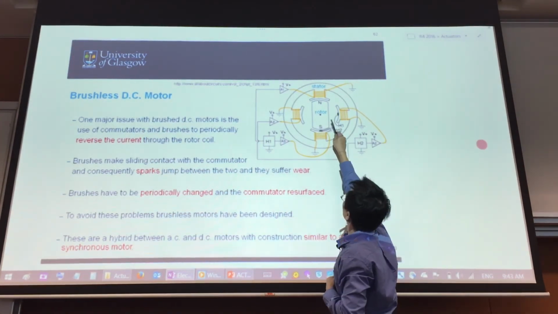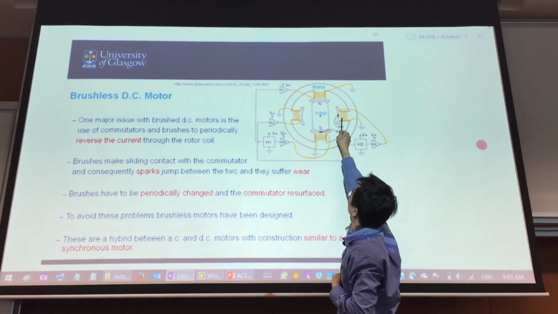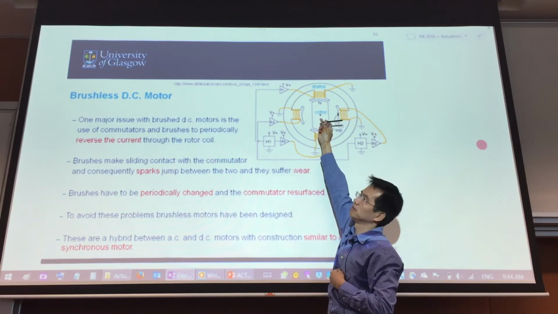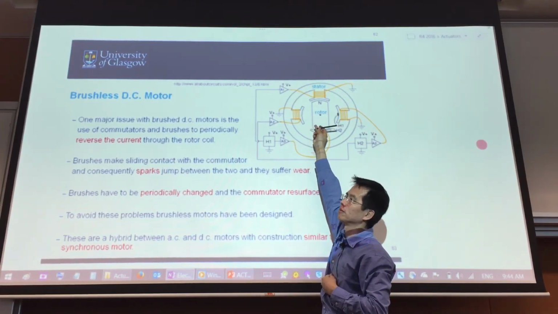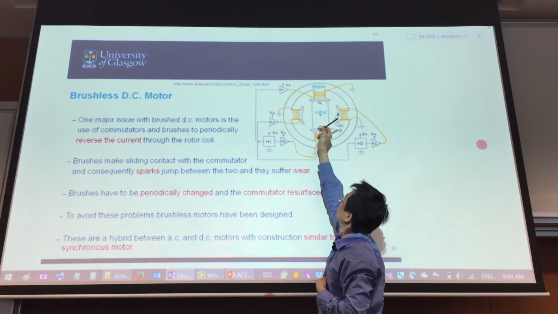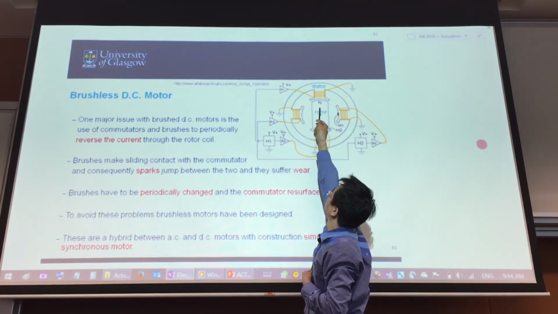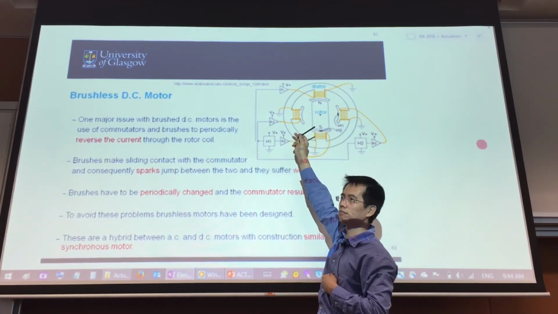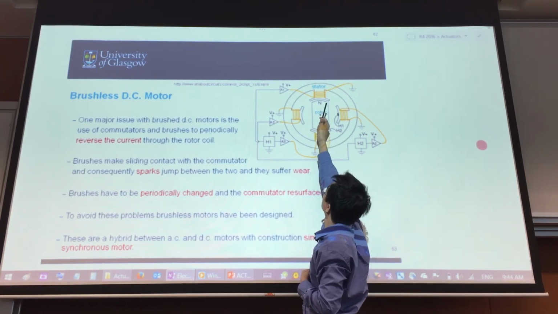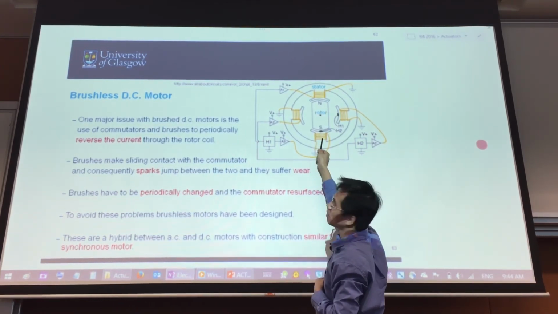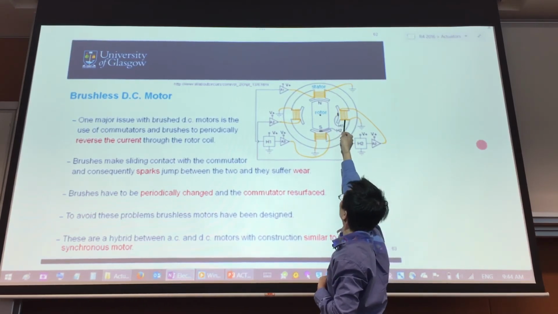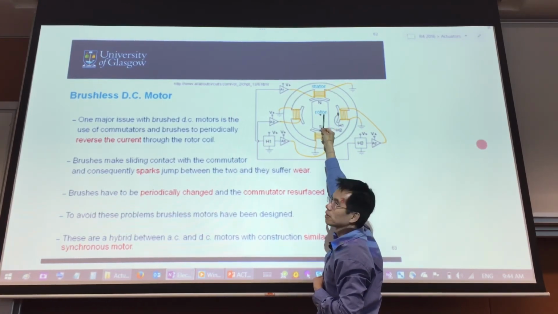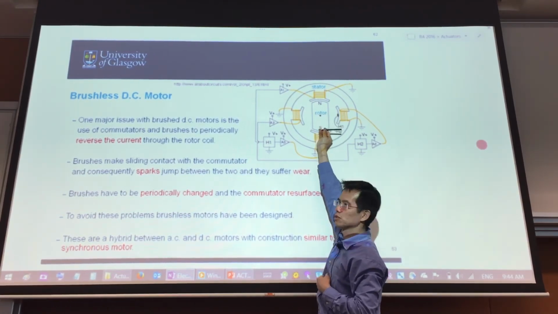So if I energize this as south, and this one is north, this rotor's north is going to get attracted to the south. At the same time, I'll provide a north to that one and a south to this part, so you will repel it. The rotor will get repelled because it'll be north, north, south, south. This one here will be south, this will be north. So you can see that this rotor is highly attracted to rotate to this position.